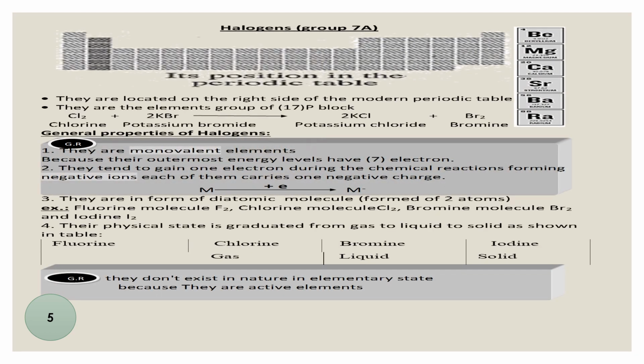Now we will talk about the second group, which is called the halogen group. First, they are found on the right side of periodic table in group 7A in P block.